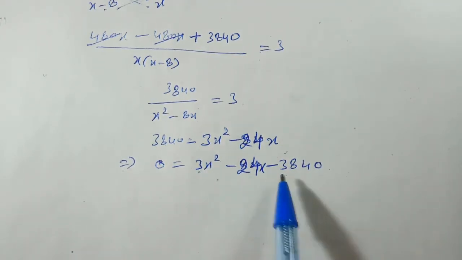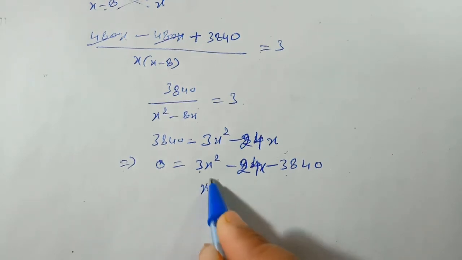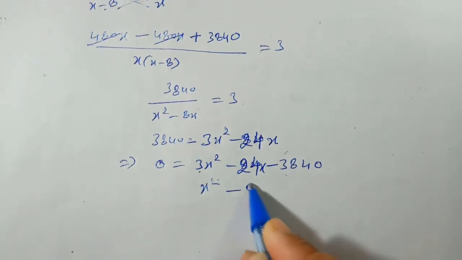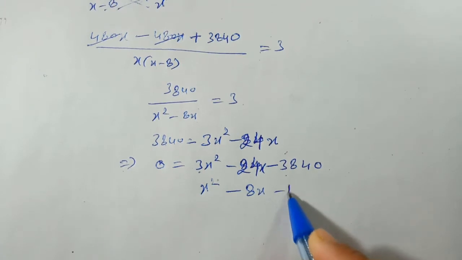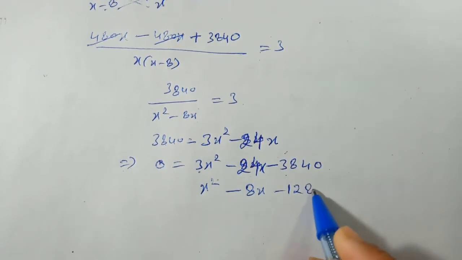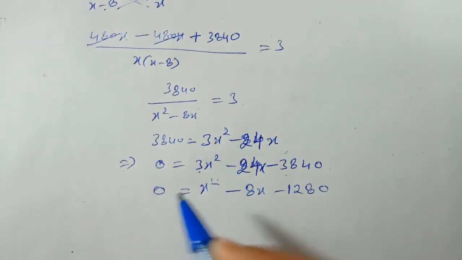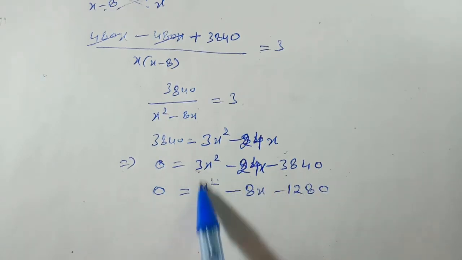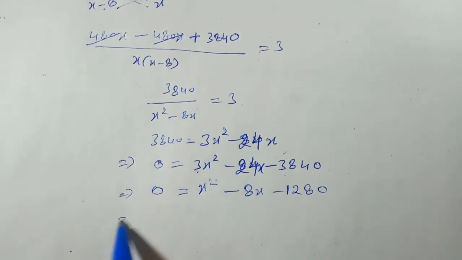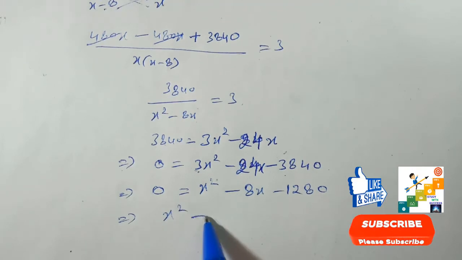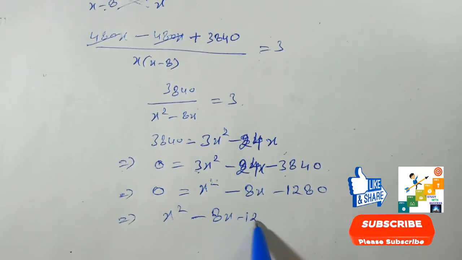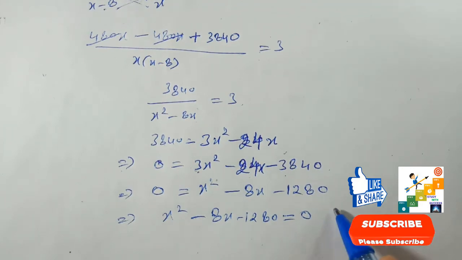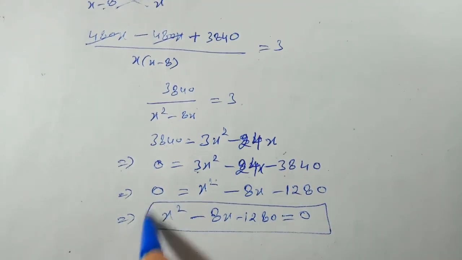Three ones are 3, three eights are 24, and 3840 divided by 3 gives 1280. So we have taken 3 as common and taken it to the other side. Let us write in the correct form: x square minus 8x minus 1280 equals 0. So this way we can find the quadratic equation.